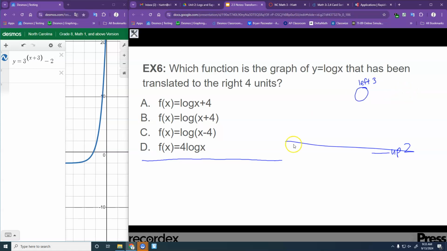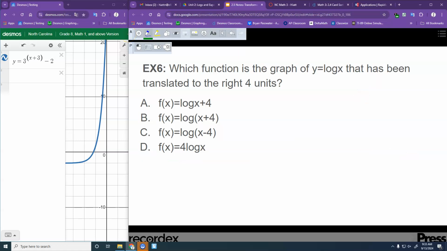All right. This one, we can graph it, but this one's a lot easier if you just know your rules. Which function is the graph of y equals log x that has been translated to the right 4 units? Okay? It's going to be C for that one.